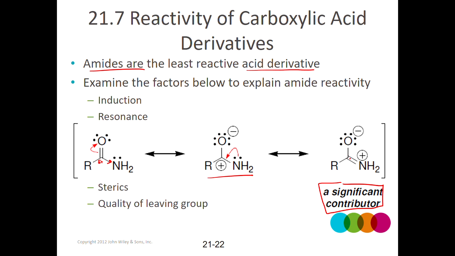And so the nitrogen really helps to stabilize that carbon by taking on some of the positive that would normally exist on the carbon. So both the electronegativity of the nitrogen not being extremely high, pulling electrons away through induction moderately instead of strongly, and the resonance mean that this carbon doesn't have as much partial positive as it would have for the other carboxylic acid derivatives.